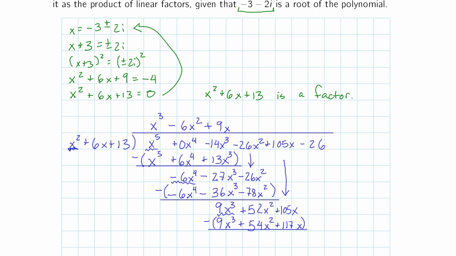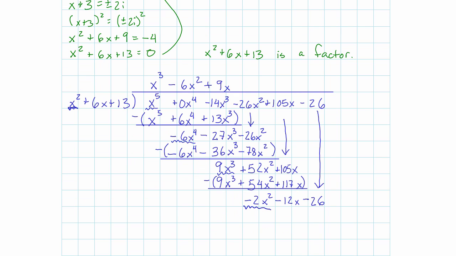Subtract one last time. We've got a negative 2x squared minus 12x. Bring down the negative 26.